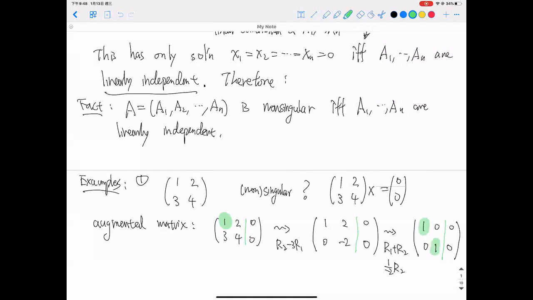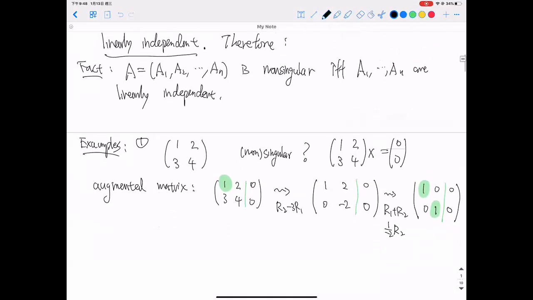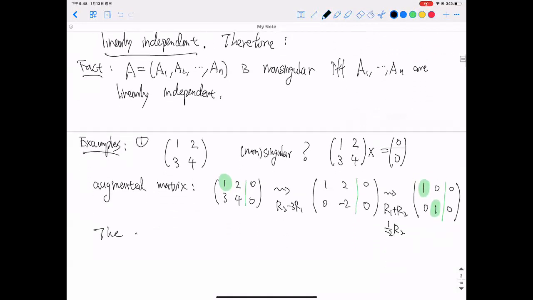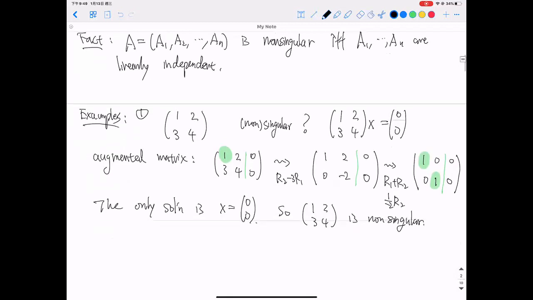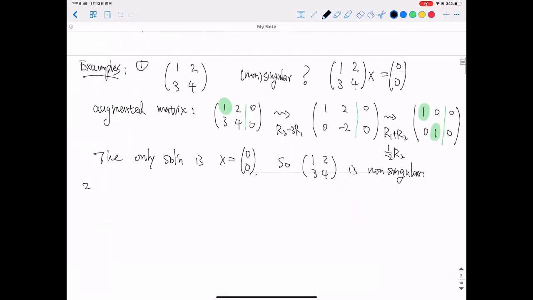You see that the only solution is x equals to 0, 0. So the matrix here is non-singular.